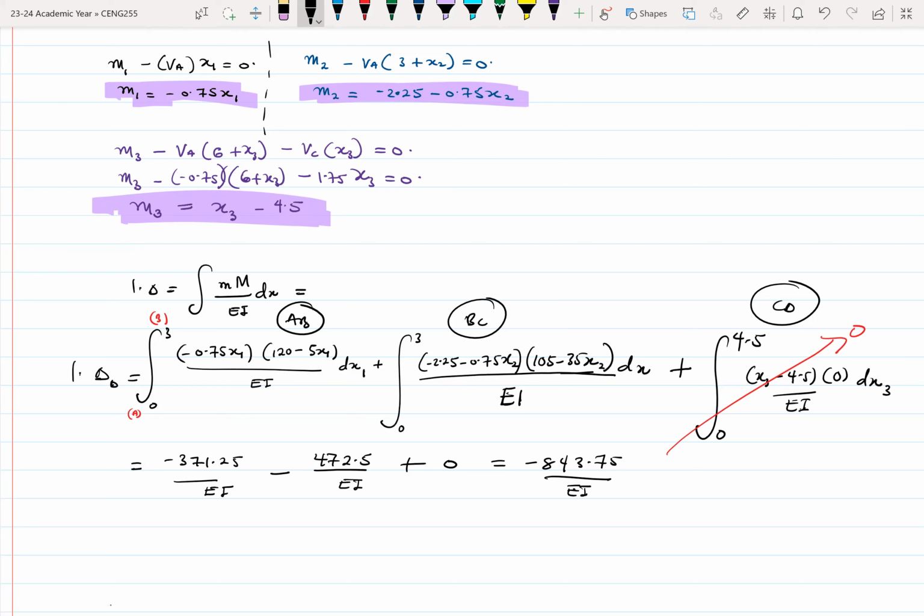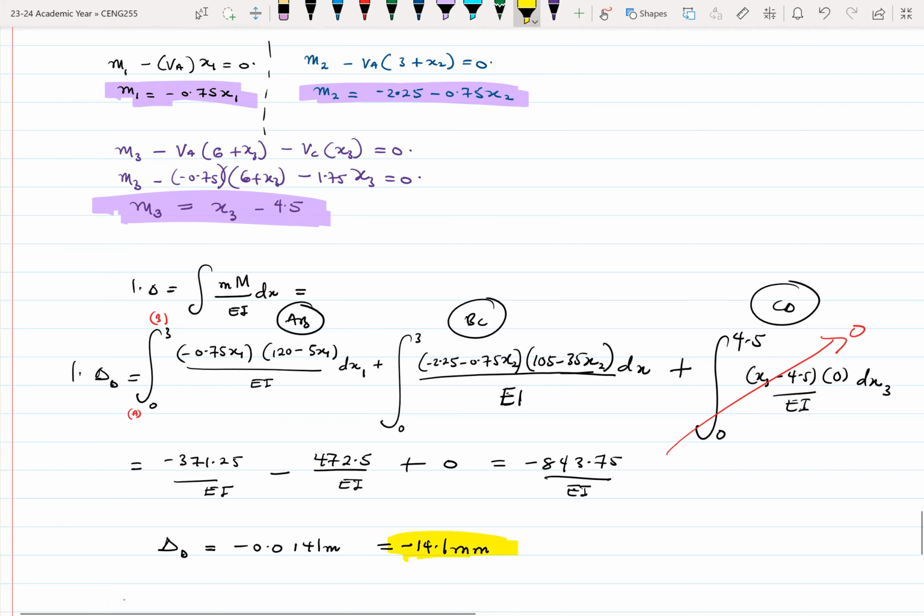So if you know the values of EI, then our displacement at D will be equal to minus 0.0141 meters, which is the same as 14.1 millimeters, minus 14.1 millimeters. Okay.